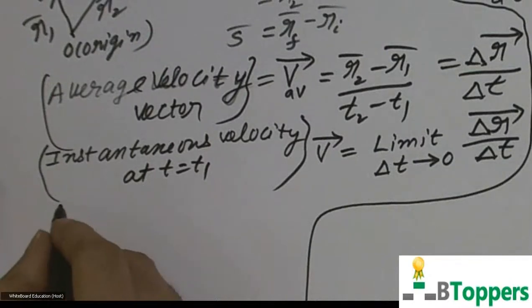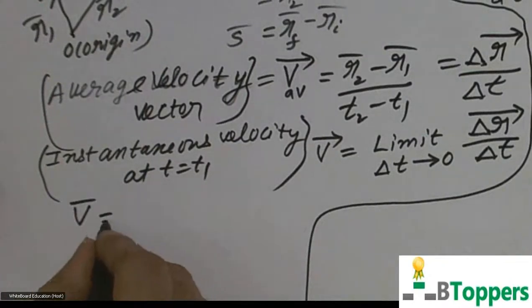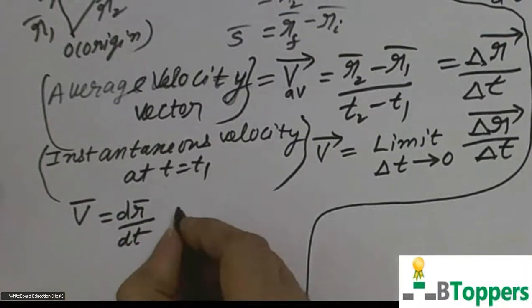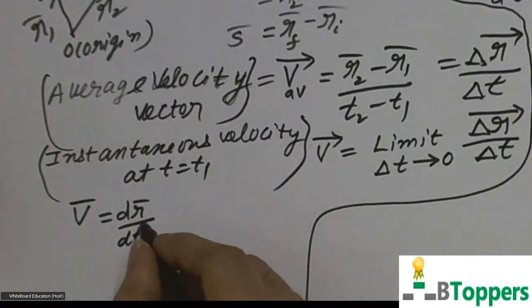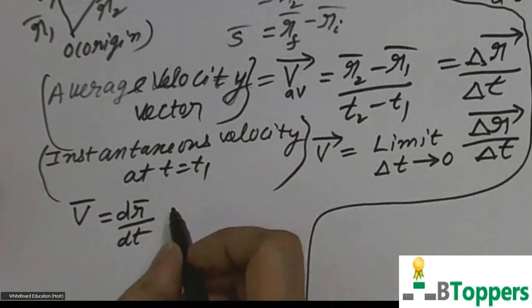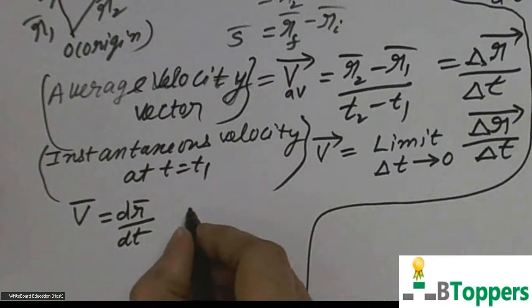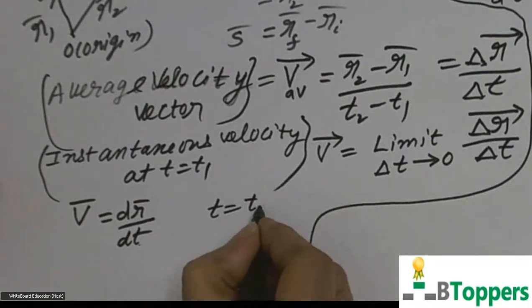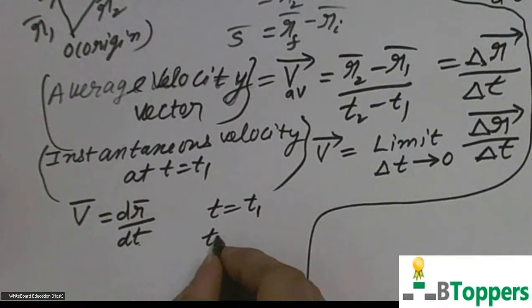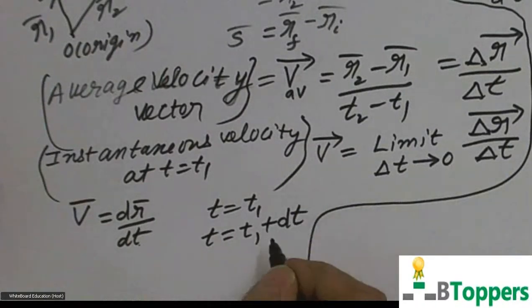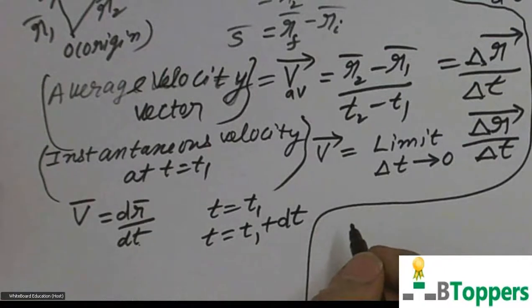So the instantaneous velocity of the particle in calculus notation, we write v bar equal to dr bar by dt. Here dr bar represents the change in the position vector of the particle during the infinitesimally small interval of time dt between the two instants of time t equal to t1 and t equal to t1 plus dt.